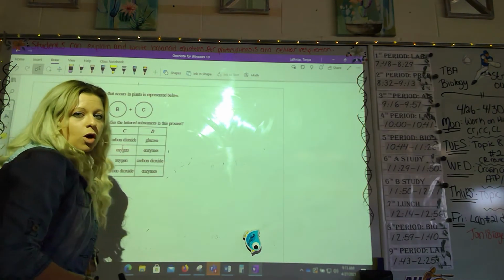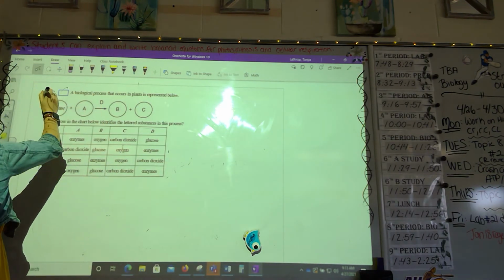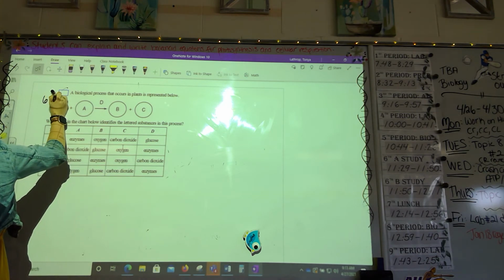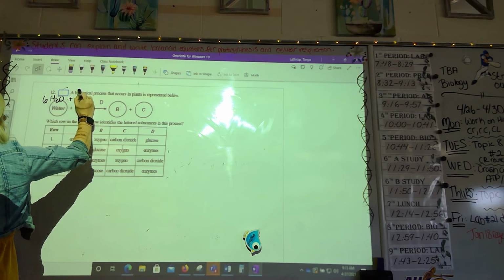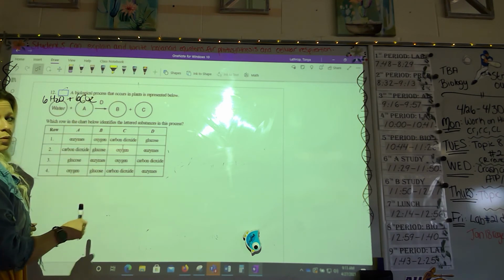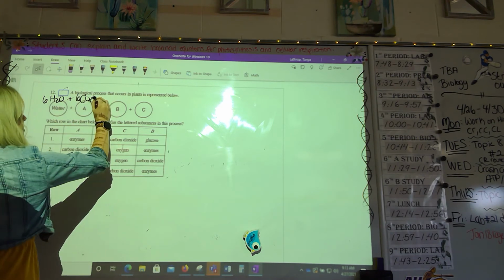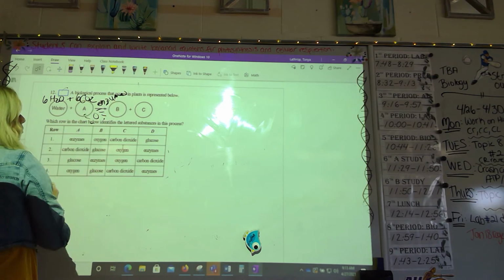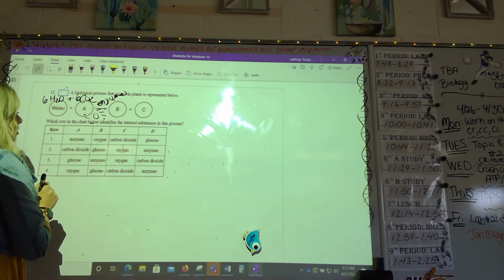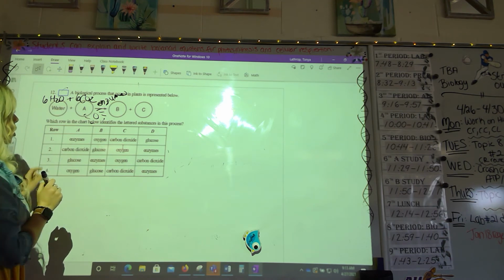So they're starting with water first, so I'm just gonna write on top, they're gonna start with 6H2O plus 6CO2 yields, with enzymes and sunlight, glucose, right?